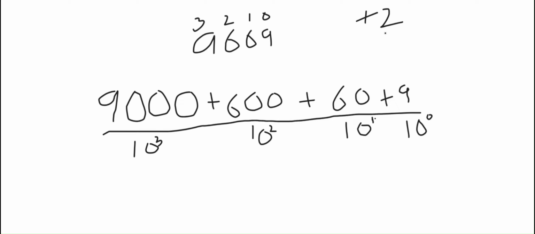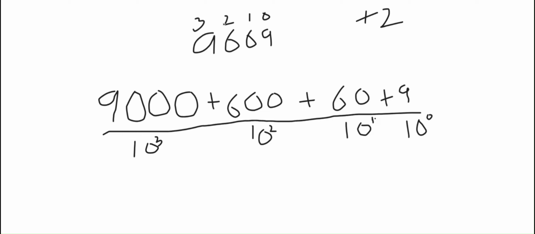Also, we can see an interesting fact. This digit 6 is associated with the power of 10 raised to 2. So the position at which the last 6 has appeared is the power of 10 associated with it. As we can see, this 6 appears at the second position, which means it is associated with 10 to the power 2.